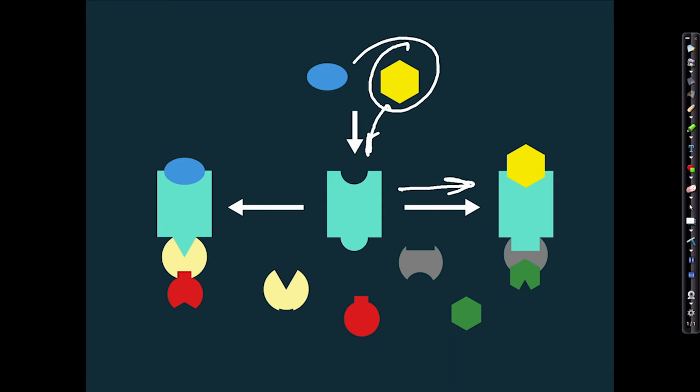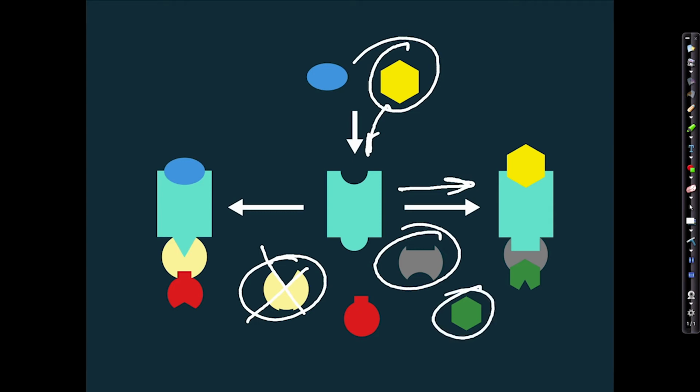It causes the intracellular domain to interact not with this signaling molecule, but with a completely different signaling protein, perhaps an entirely different G protein, which then interacts with another different signaling protein here.